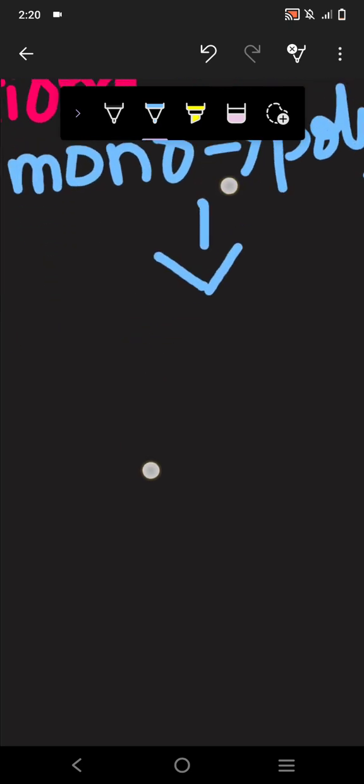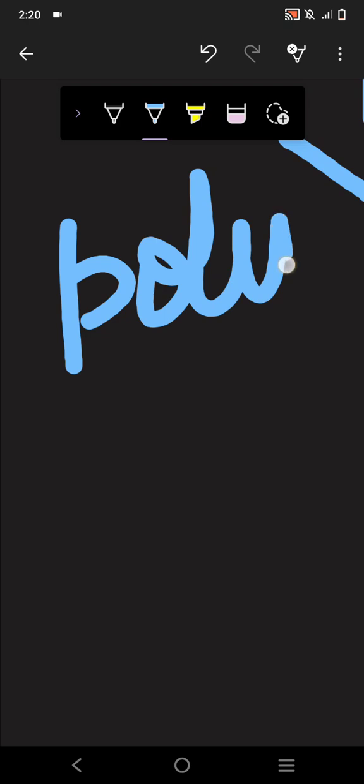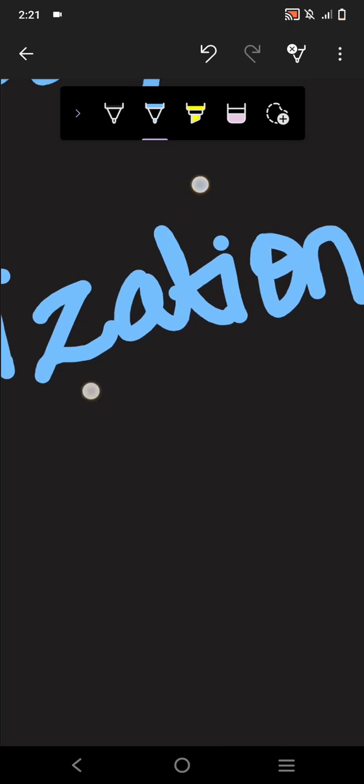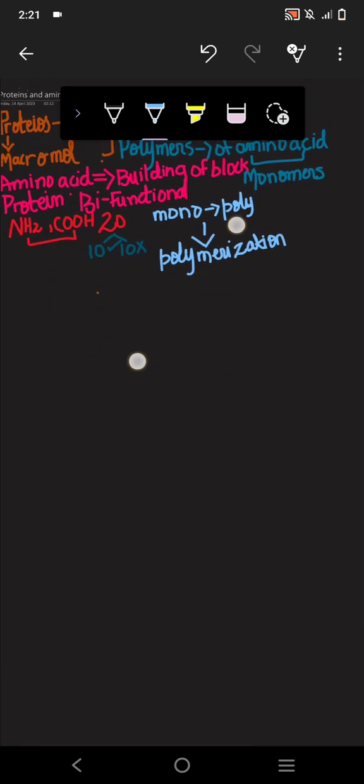This process is known as polymerization, in which the monomers are converted into polymers, that is, amino acids are converted into protein. That is why it is known by this name.